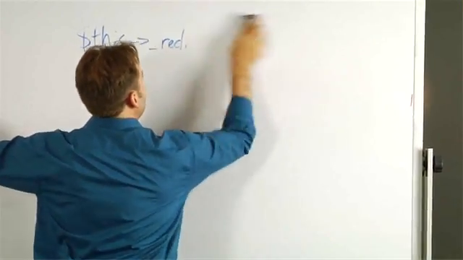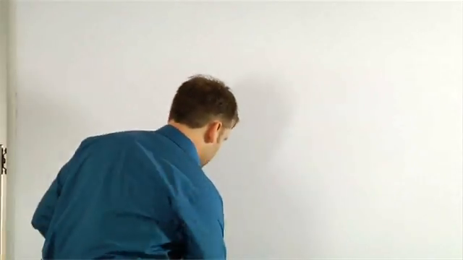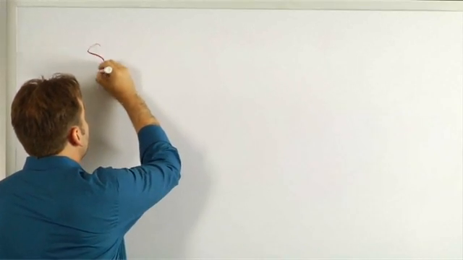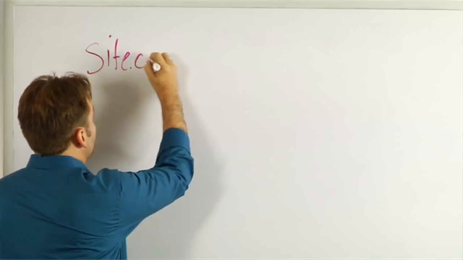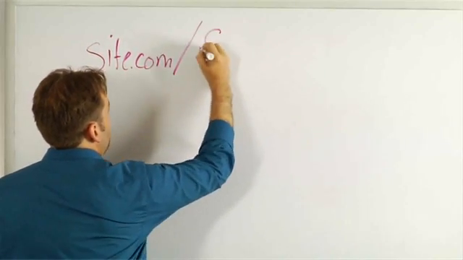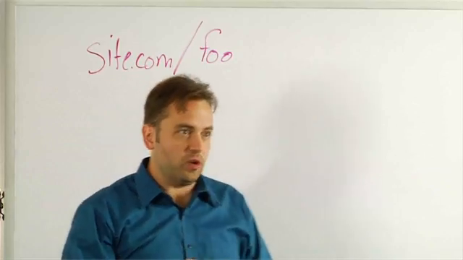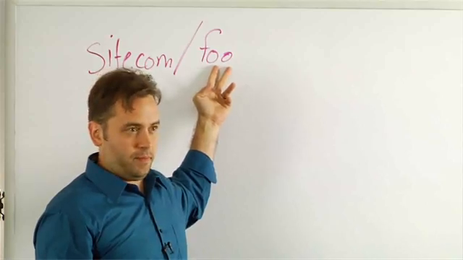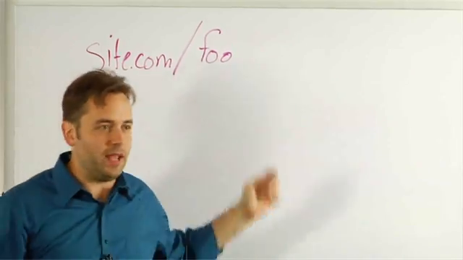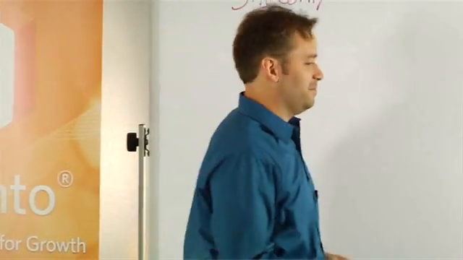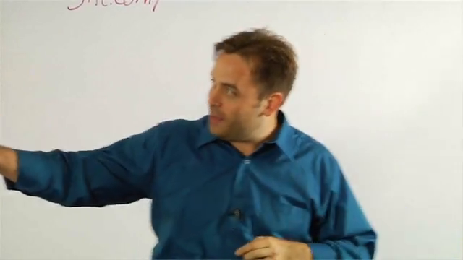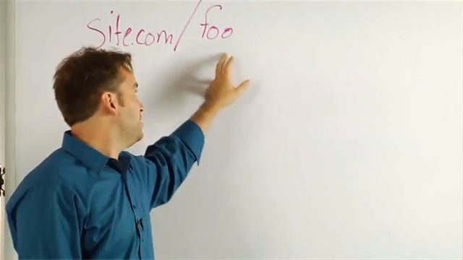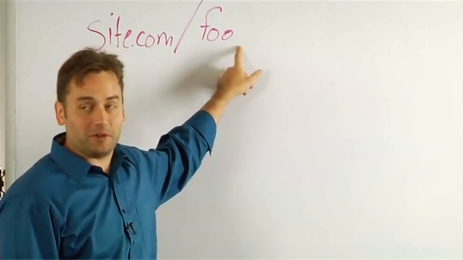So I can now go to site.com/foo, and the system will know what to do with my request because this is my front name. And it's my front name because I said it was my front name. If I change that value in front name to anything else, I would need to access my module through whatever new value I put in there.